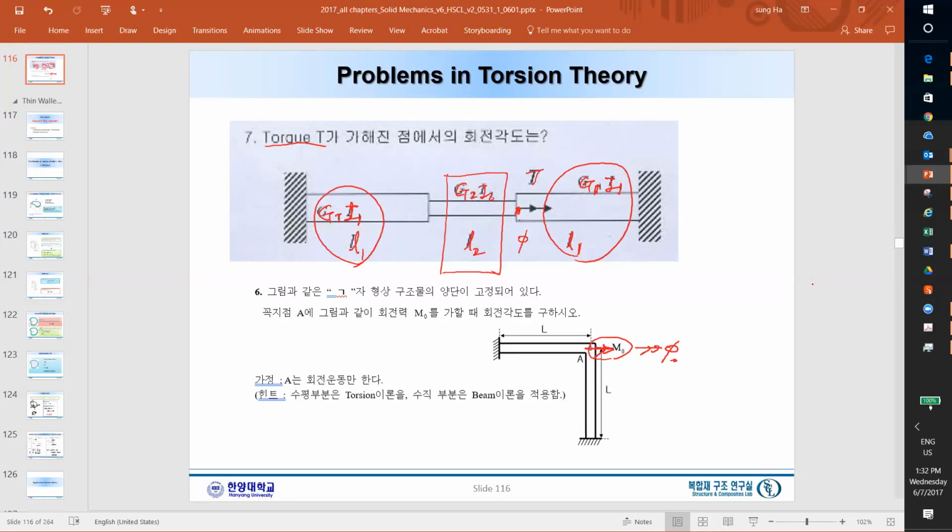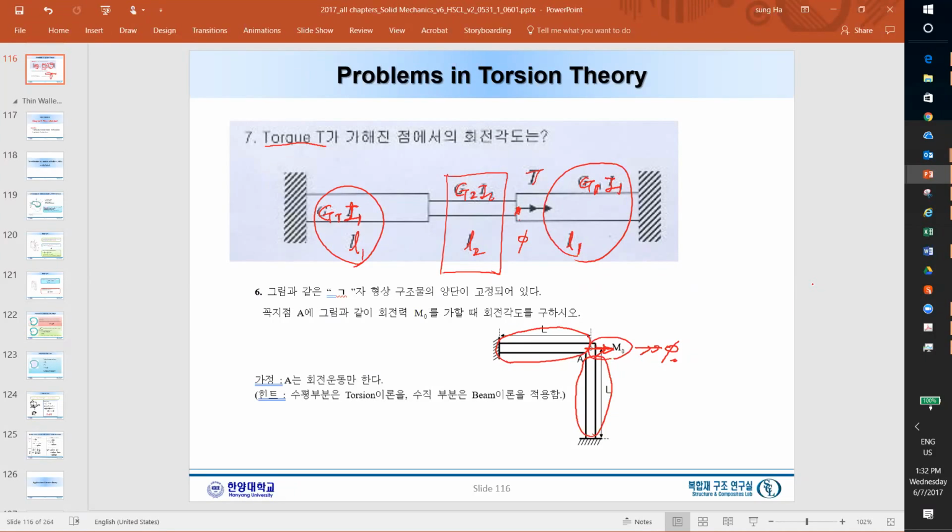We can call it torsion with respect to these structures, but if we look at this structure, actually the load we apply is kind of a bending moment. So we cannot call it torsion or bending. We just apply the moment here.